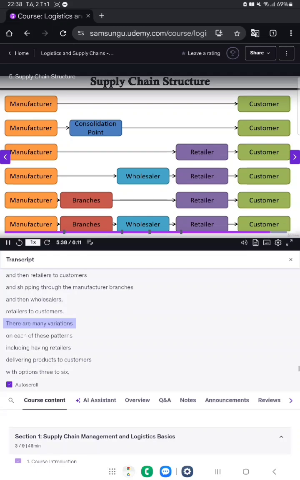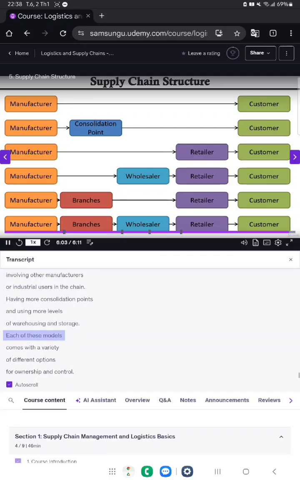There are many variations on each of these patterns, including having retailers delivering products to customers with options 3 to 6, including other agents at various points involving other manufacturers or industrial users in the chain, having more consolidation points and using more levels of warehousing and storage. Each of these models comes with a variety of different options for ownership and control.